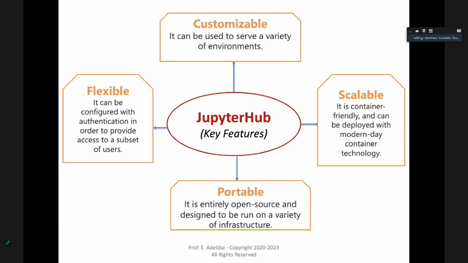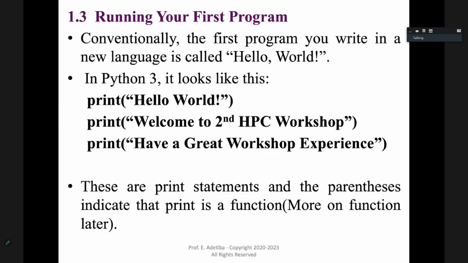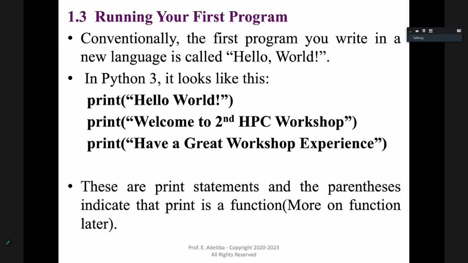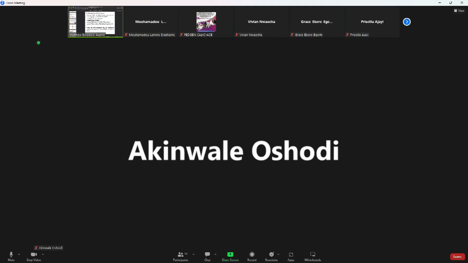And then JupyterHub will actually give you a graphical view of what your output is supposed to be like, especially when you import the libraries that are needed. So let's just do a little practical here. Let's go back to the command prompt so that we can show a bit of practicality.